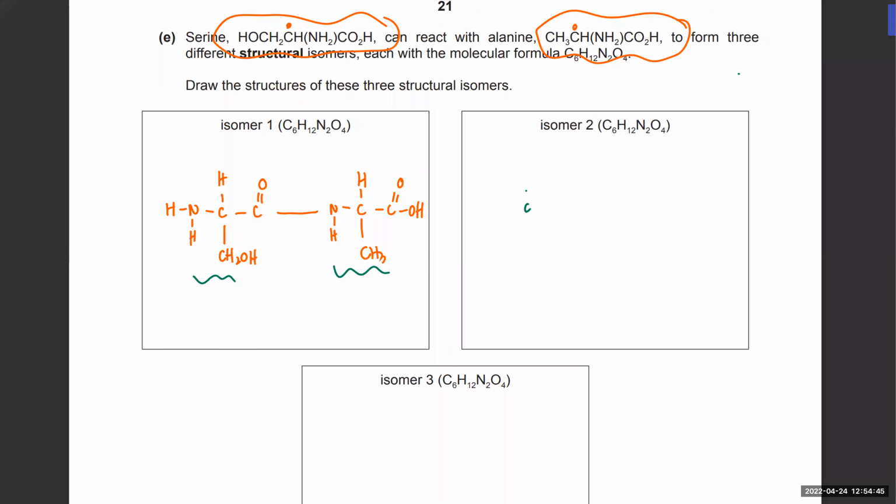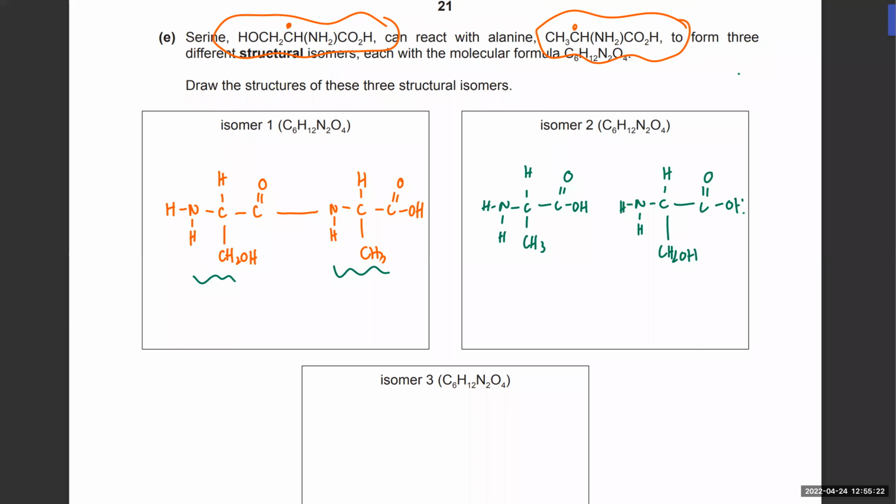If I switch the positions, it's going to look like this. It's going to have a CH3, a carboxylic acid COOH, and NH2. And the first molecule would be on the right side: that is CH, with an NH2 and CH2OH, and a double bond O and OH over here.